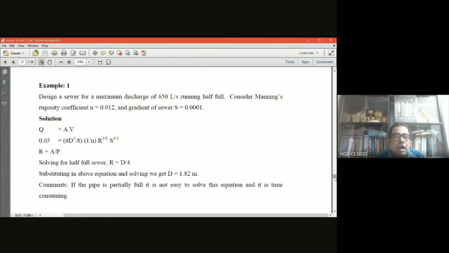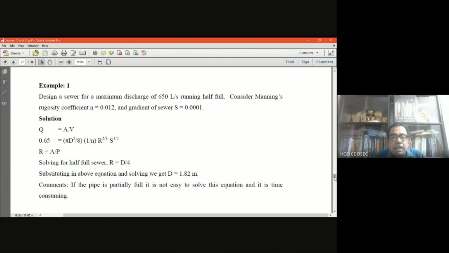So R can be substituted as D by 4. If we equate the equation, the only unknown is D, because R is substituted by D, and the n value and S value are given. From this equation, one unknown is there, that is D, and it is found to be 1.82 meter.